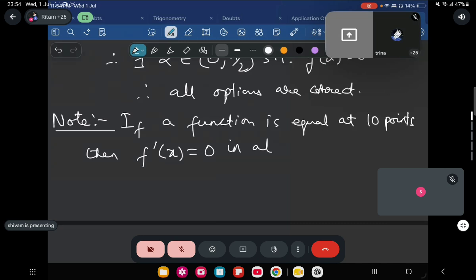At least 9 points. Are you people getting? In at least 9 points, f dash x will be equal to 0 in that interval.